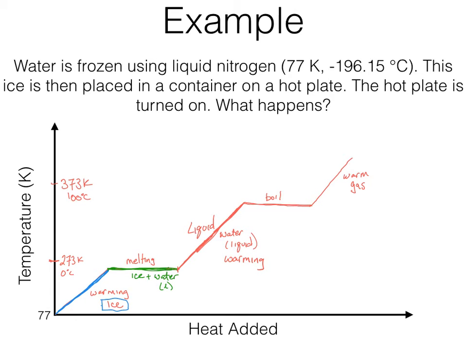And then eventually that liquid is going to start to boil. And while that liquid is boiling, we have liquid and gas in the mixture. And then after we have converted all of the liquid to gas, then we can go back and we can start warming again.